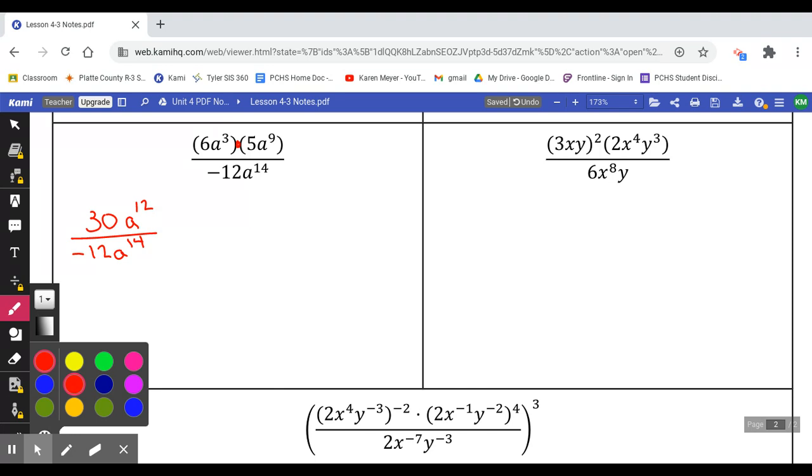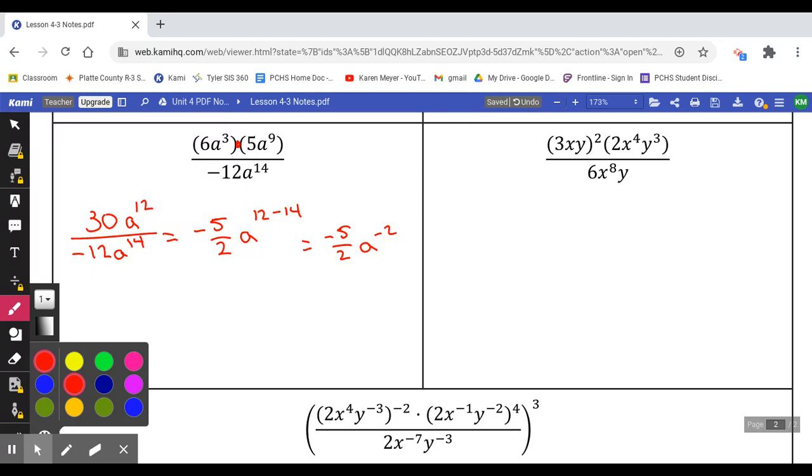So 30 divided by negative 12 gives me a decimal. So make sure you take that decimal and convert it to a fraction, which gives me negative 5/2. And then if you are dividing, you subtract your exponents. So 12 minus 14. So you get negative 5/2 a to the negative 2nd.